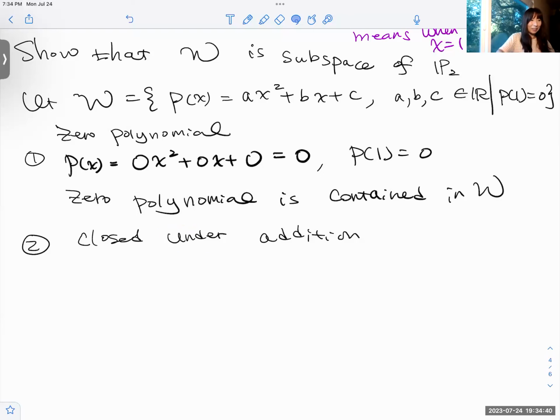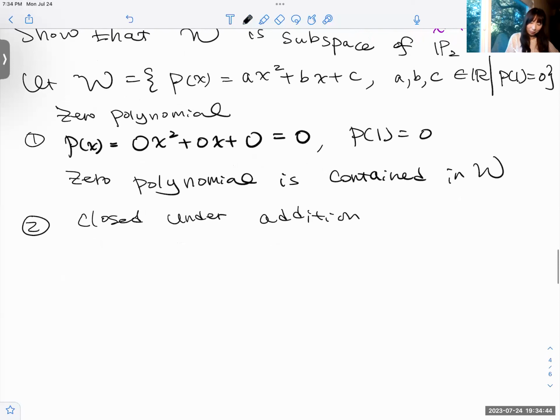Okay, so let p of x be in W and q of x is also in W, right?